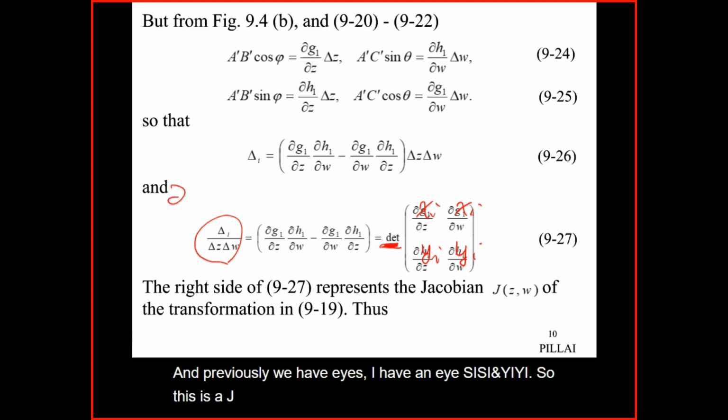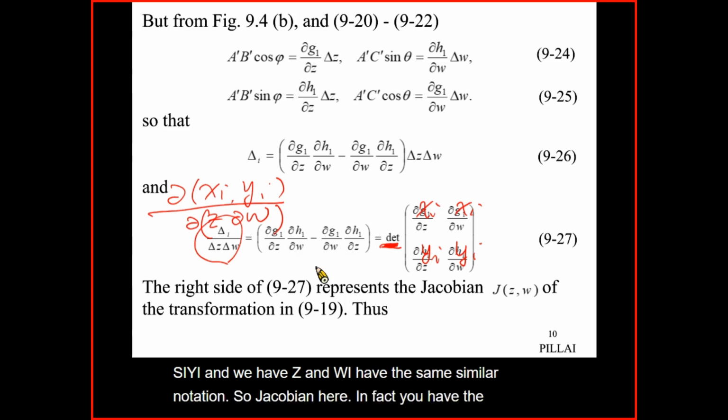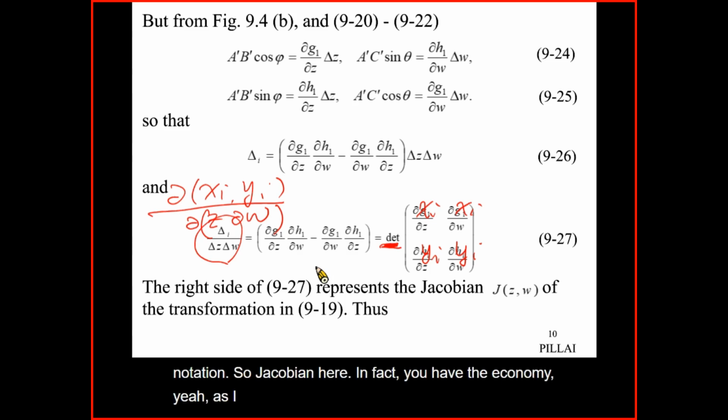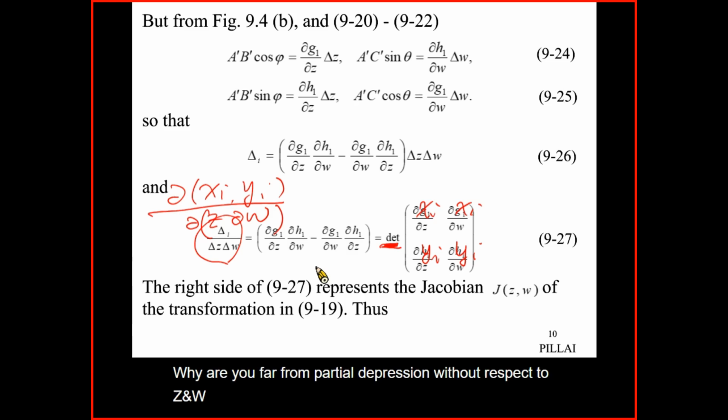Previously I already have xi, yi, and we have z and w. But I have a similar notation. So the Jacobian here, in fact, is the determinant. Take xi and perform partial differentiation with respect to z, w. Yi, perform partial differentiation with respect to z and w. So this is the form, and this form we call the Jacobian.